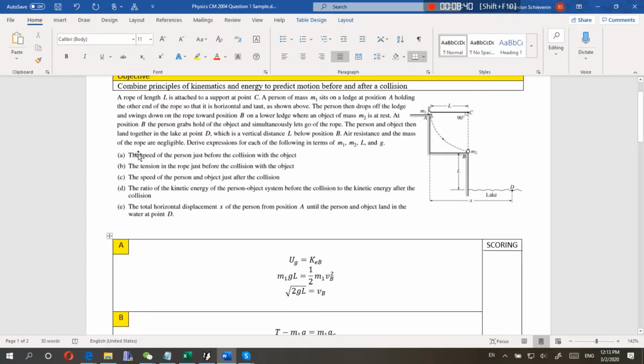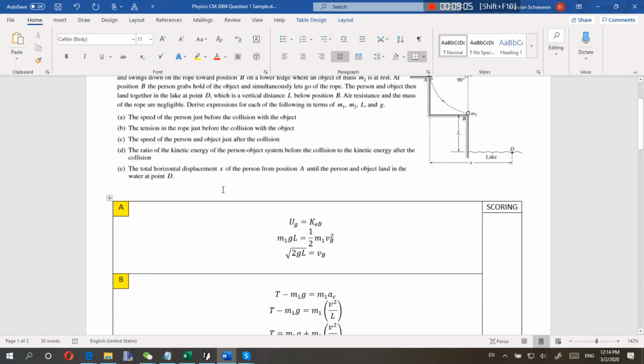So for momentum before and momentum after they collide, before is M1 VB this time. This is equal to M1 plus M2 B final. Okay, sounds good.